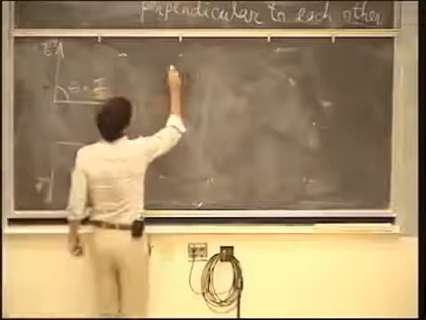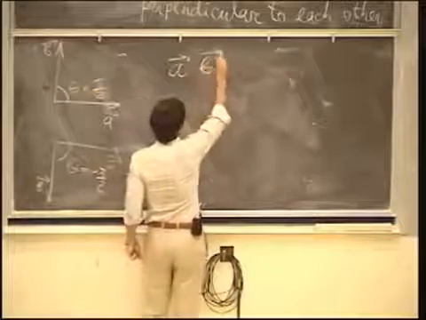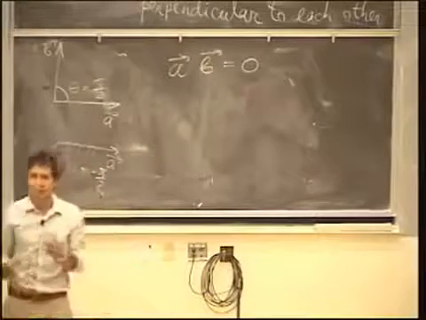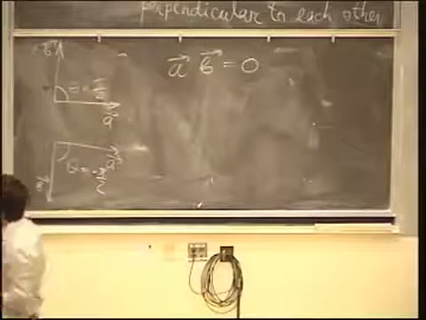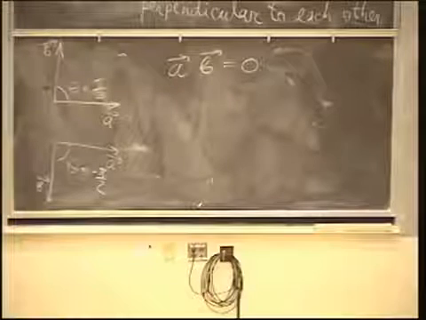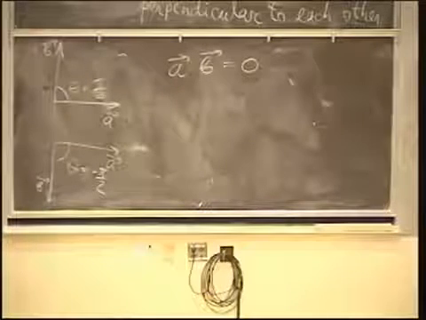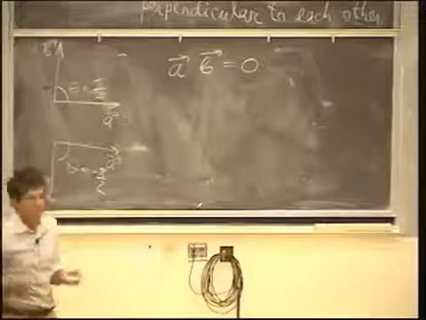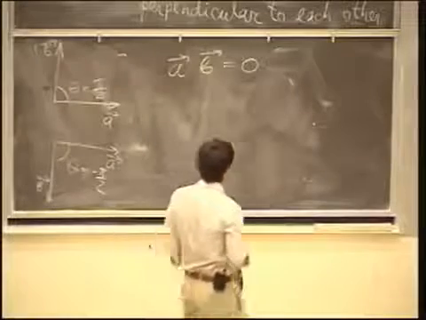And in this case, A dot B is equal to 0. So if you are given two vectors, it's very easy to find out if they are perpendicular or not. You simply take the dot product given by this very simple formula, number 2, and you see whether it's 0, they are perpendicular. If it's non-zero, they are not.